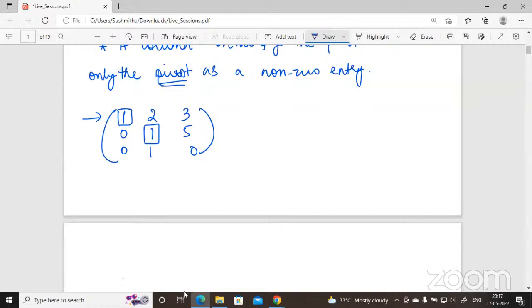We can start from anywhere, from column 3 or from column 1. But what we ideally do is go row wise: take the first row, identify the pivot, and try to make the entries below the pivot 0. That should be the approach.